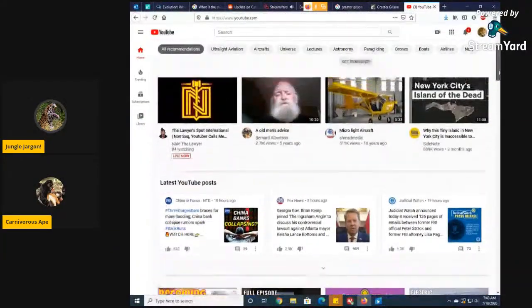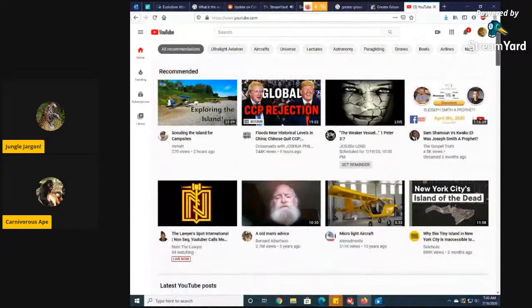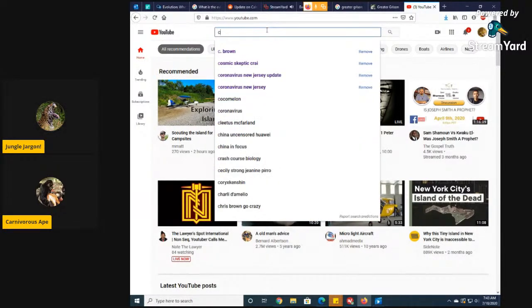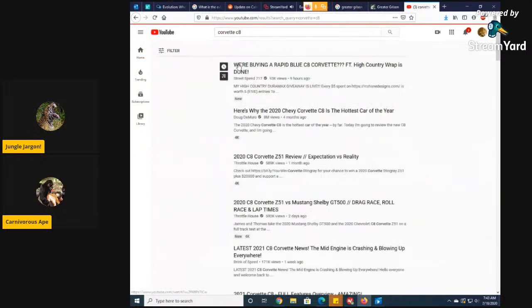I didn't even know that. What do you call it? The C8? I don't know what this is. C8 Corvette.